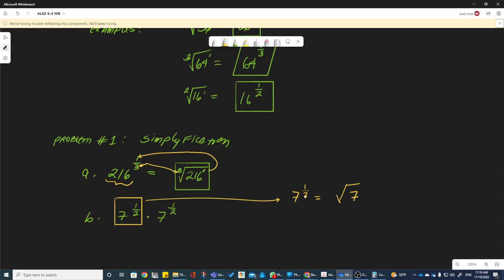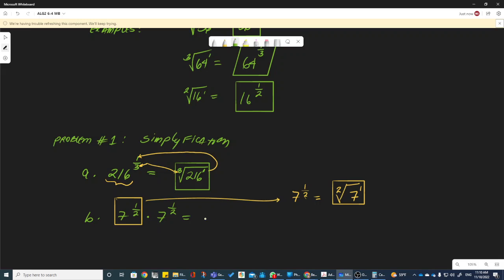Which root? Well, the 2, the denominator, goes outside, and the top number is the exponent. All right, so that will be the simplified form for that expression.